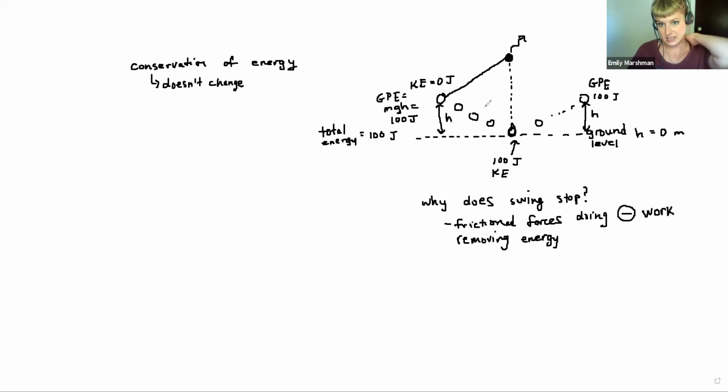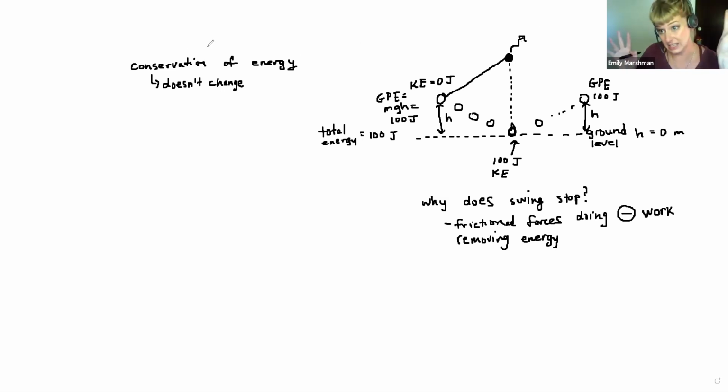That's why the swing eventually slows down and stops because of these frictional forces. The total energy is still 100 joules. Once the child eventually slows down and stops, that means I've lost 100 joules of energy in the form of heat lost to the environment.